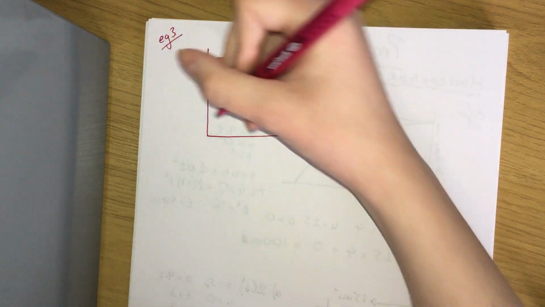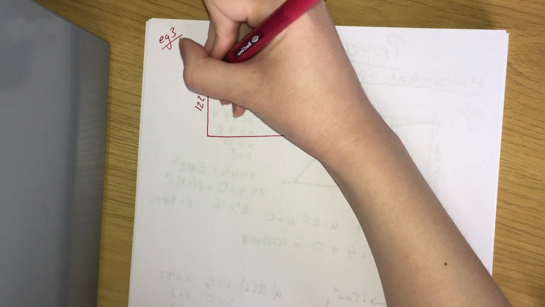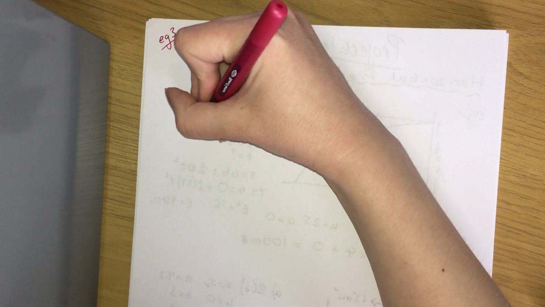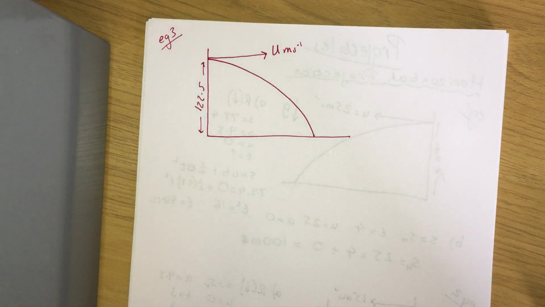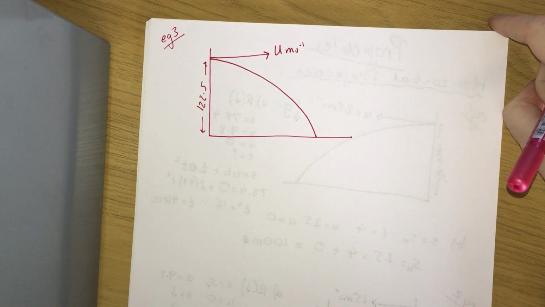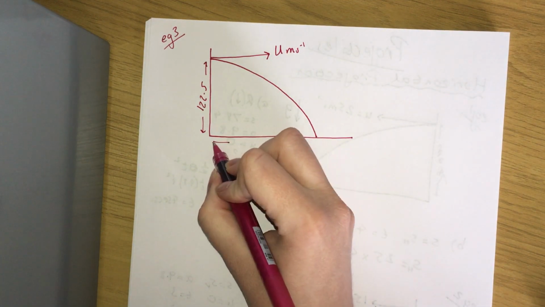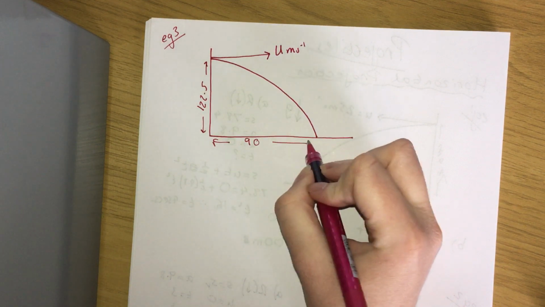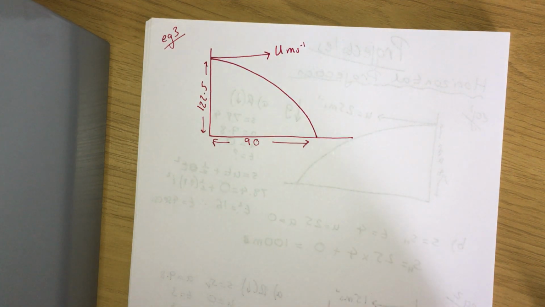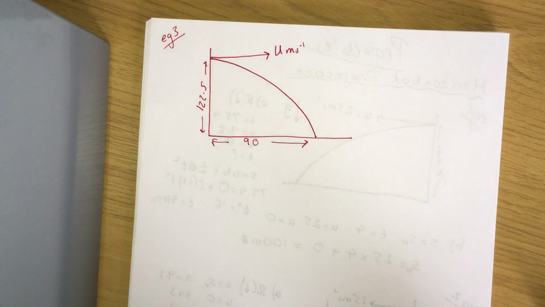And I know that it's 122.5 metres above the ground. The particle hits the plane at a point which is at a horizontal distance of 90 metres away from the starting point. Find the initial speed of the particle.